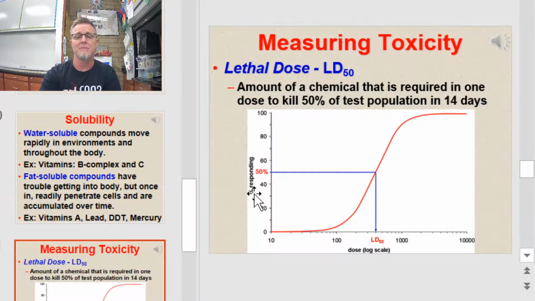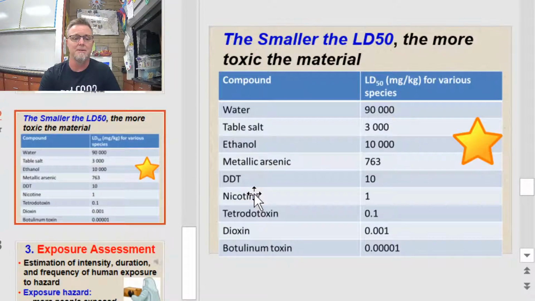Now, I'm just going to tell you, the smaller that number is, the lower the LD50, the more toxic we believe things to be. Because that basically means teeny tiny amounts of whatever this is are super toxic and going to kill more and more things, right? If you have to take a mega dose before it's toxic, well, then we don't really think of it as being toxic, okay?